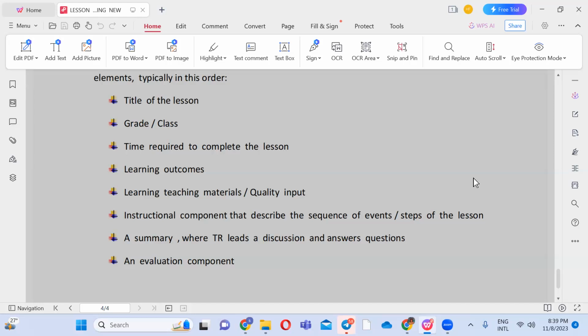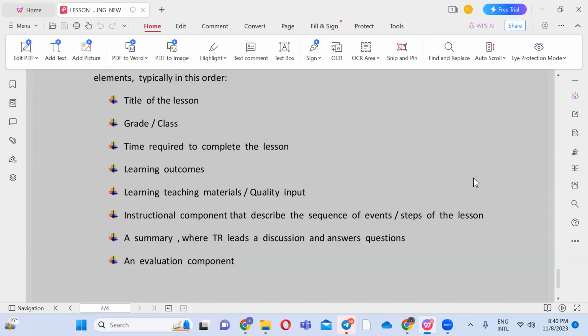Time required to complete the lesson. Learning outcomes. Very good. Teaching materials or quality input. Very good. Next, instructional component that describes the sequence of events or steps of the lesson. Very good. Summary where the teacher leads a discussion and answers questions. An evaluation component.